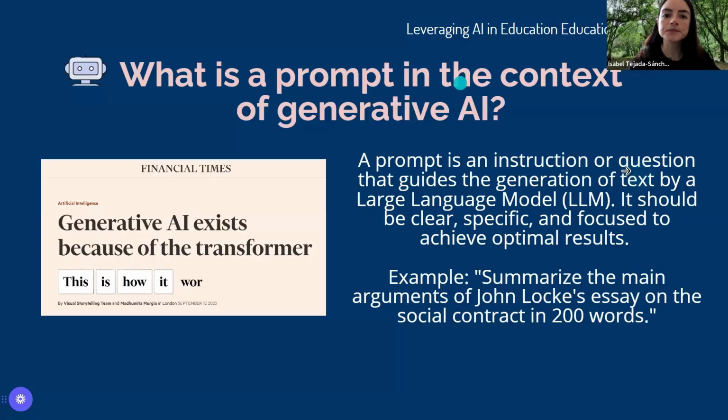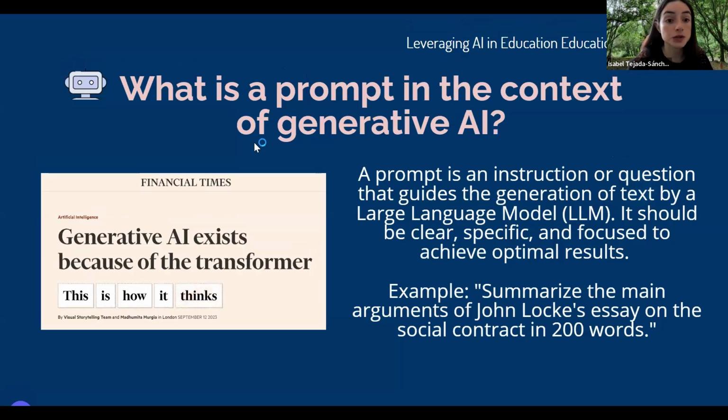So before we address prompting, I want to make sure that everyone knows how this works. And I'm pretty much certain that you have heard or read something about this, but I think it's important, and I want to share an infographic that I think is very illustrative about this. So what is a prompt actually in the context of generative AI, and what is generative AI actually?